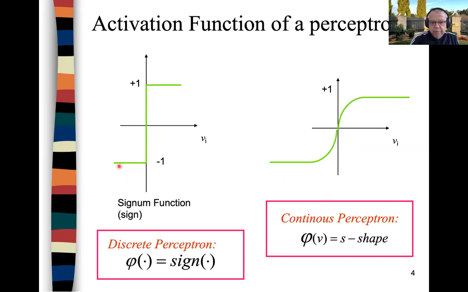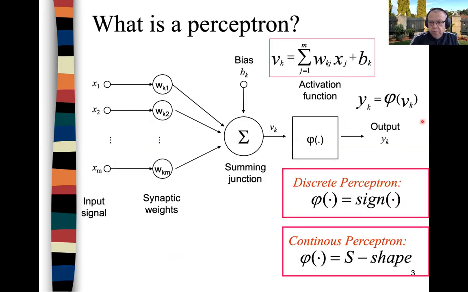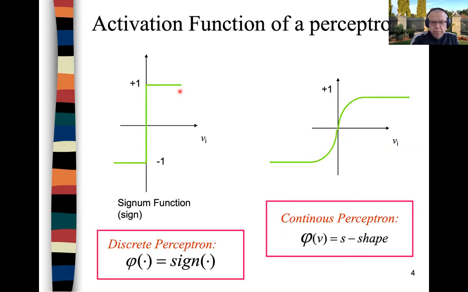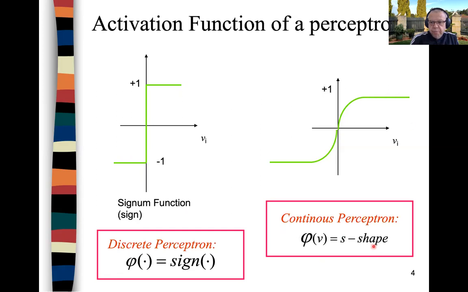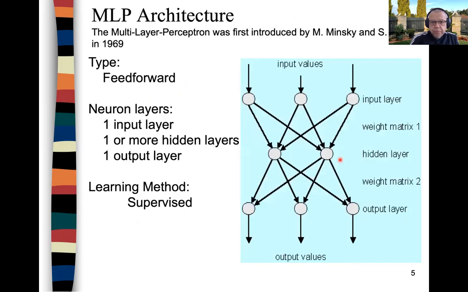We have the sign or signum function for the case of the discrete perceptron, which in the bipolar case goes from -1 to +1, meaning that the output can be either +1 or -1. And in the case of a continuous perceptron, it's this S shape, which is again bipolar between +1 and -1.